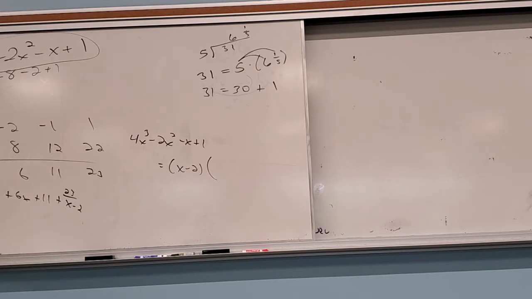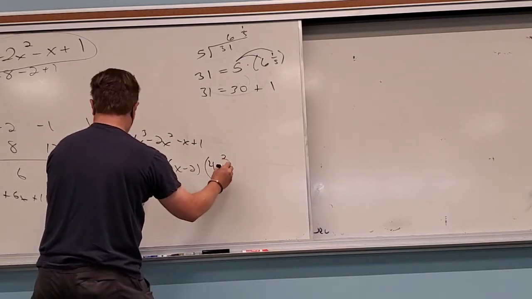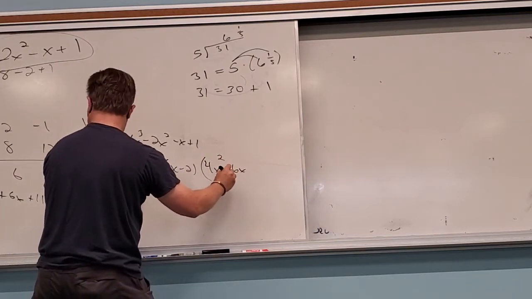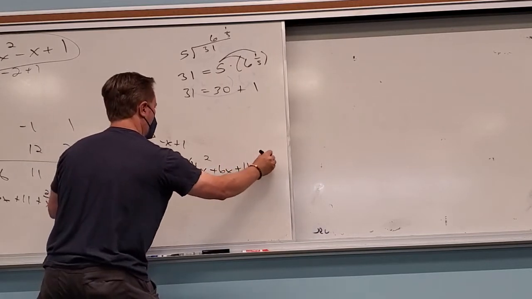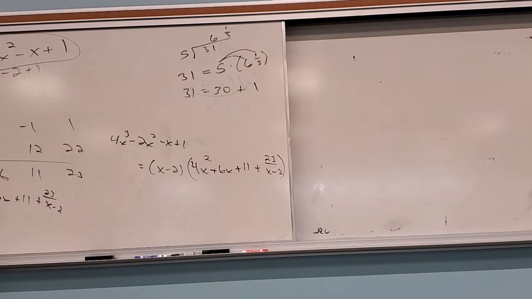That's what division is, correct? Nothing crazy about that. So this is equal to this. You guys doing okay? I mean, we actually have not done anything new. This is really old stuff. Okay.